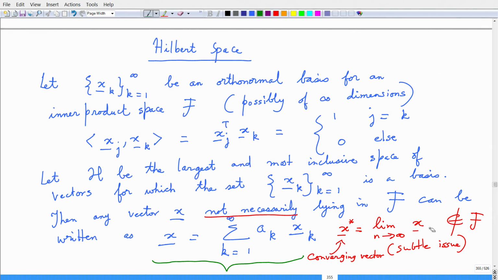So, if this confuses you, you can bring in this n in the superscript, which is indicating that you have a sequence of vectors, and we are looking at the convergent vector which is x star, which is a limit as n goes to infinity of this vector xn, and that may not be belonging to this inner product space script F. Okay. So, this is a small detail. So, do not confuse yourself with the index of the basis in this infinite dimensional space.